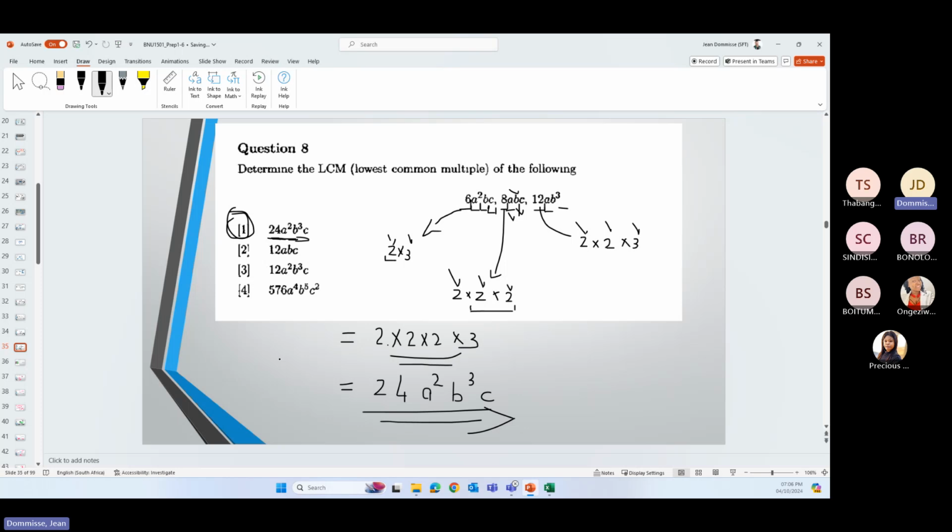But if this was the exam and I got for this component already 24, I would have picked option 1 and gone to the next question. Just remember your exams are timed, so it does help if there are certain ones that you can do quicker than some of the other questions.